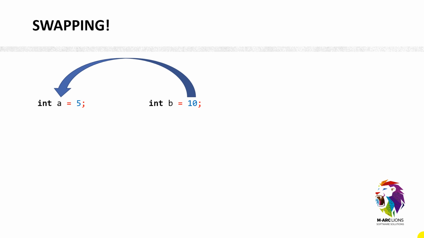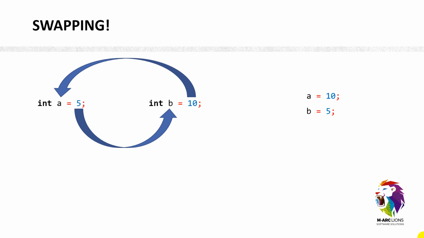The value 10 is stored in b currently, but I want to store it in a, whereas I want 5 to be stored in b. Like I want to change the value of each of them, so the result should look like this.